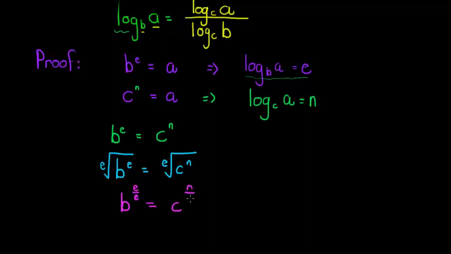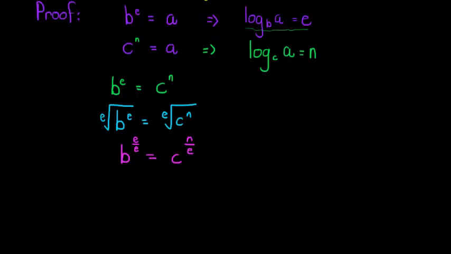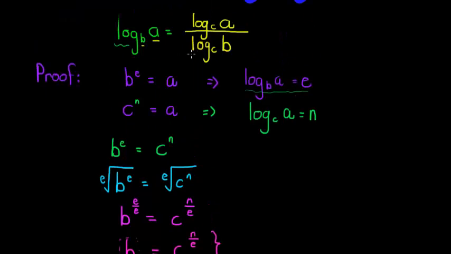So in the end, what I have now is a way of finding b: b is equal to c to the power of n over e. In other words, I've got a new exponential expression where this time my answer is my original base. And that's what I want, because I'm trying to get this expression.